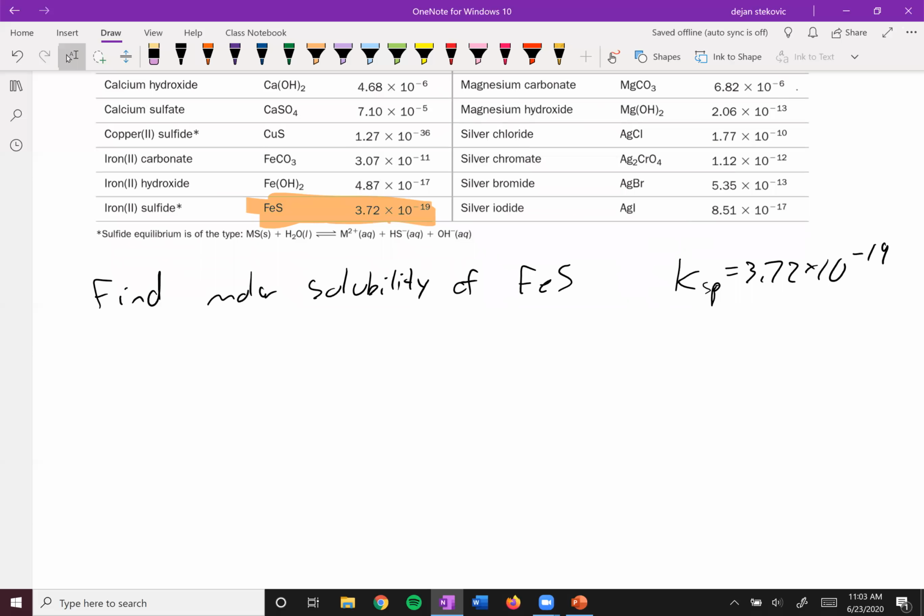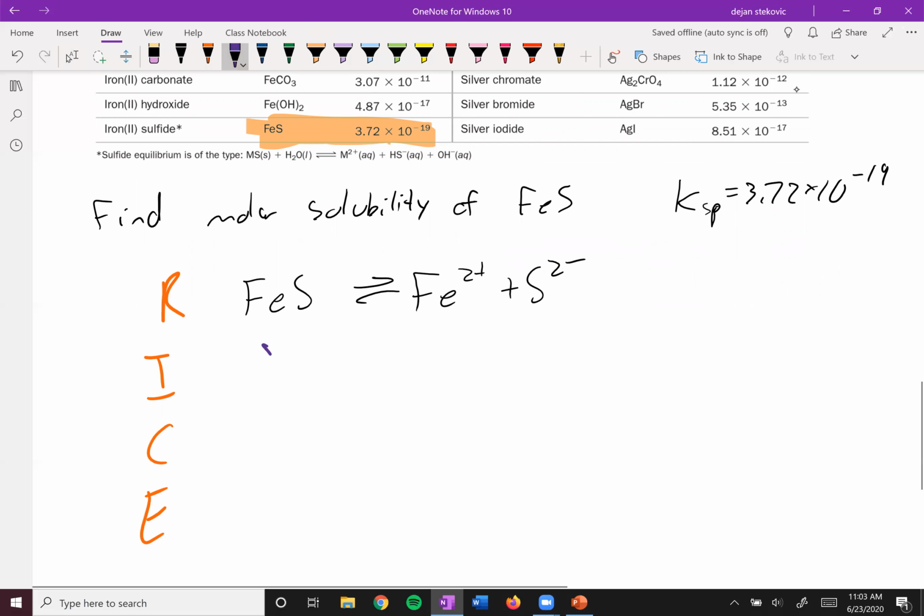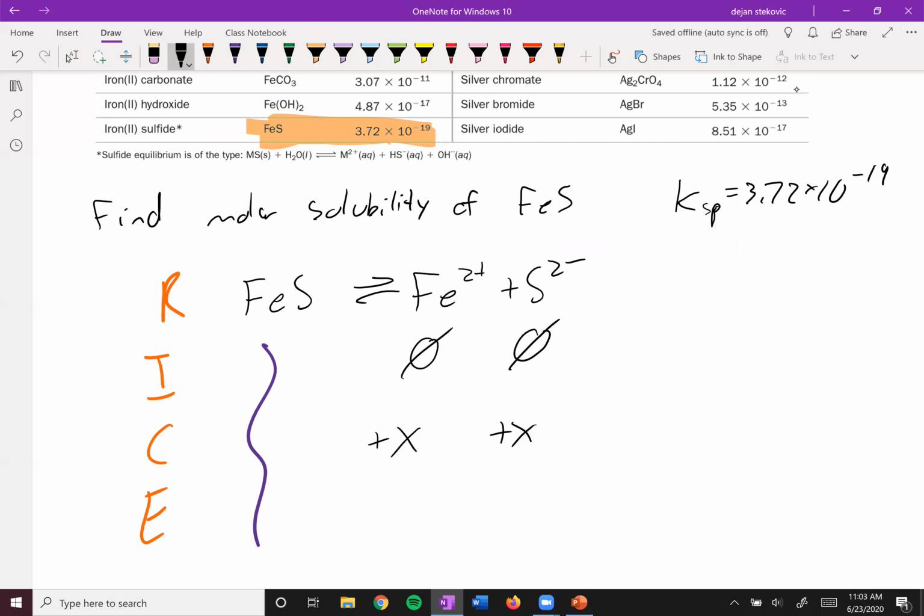And so we can draw up our RICE table. So we know that iron sulfide will dissolve into Fe2 plus and S2 minus. We know iron sulfide's a solid, so we can ignore that side. Say that the initial concentration here is 0, and then this will be plus x. This one will also be plus x because both coefficients are 1. So this ends up being x and x.